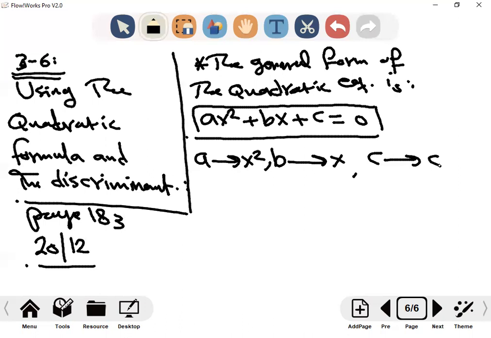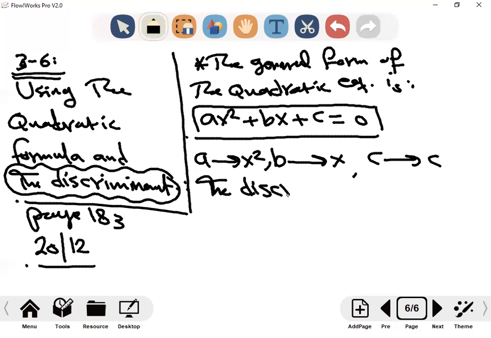Now, how do we find the discriminant? The discriminant, I will call it delta. What's delta? Small triangle. This is a small triangle, and we read it delta.